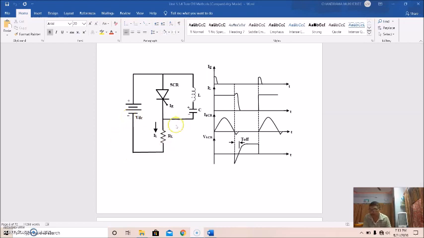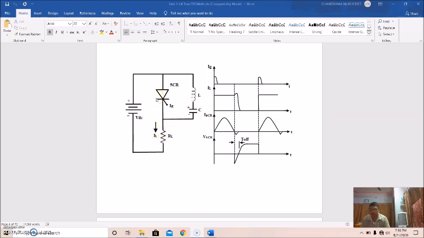At mode 2, when a gate pulse is applied to the thyristor, the thyristor will be turned on, and the constant load current IL flows through the load, and the capacitor discharging current will also flow.